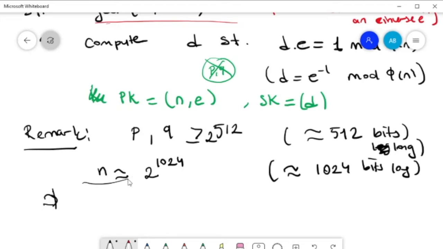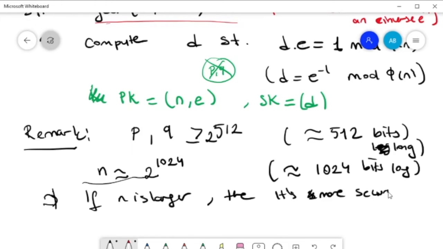if N is larger for RSA, then it is more secure. So the security of RSA depends on the bits of N and P and Q, of course. If it is shorter, for example, if N is 512 bits, then it's not secure anymore.